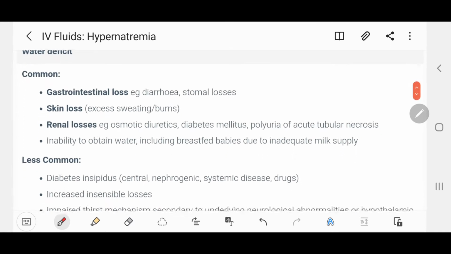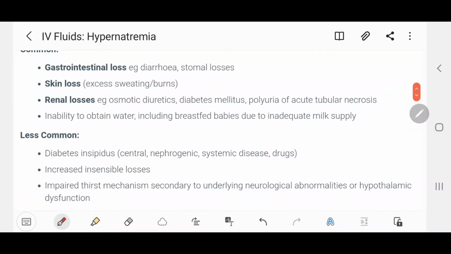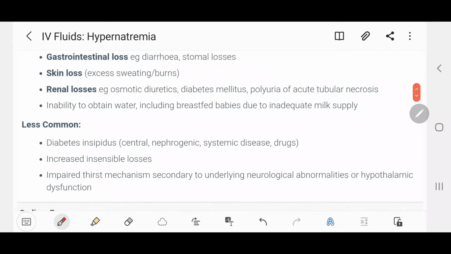Less common causes of water deficit are diabetes insipidus, central or nephrogenic, systemic disease, or drugs, increased insensible losses, and impaired thirst mechanism secondary to underlying neurological abnormalities or hypothalamic dysfunction.